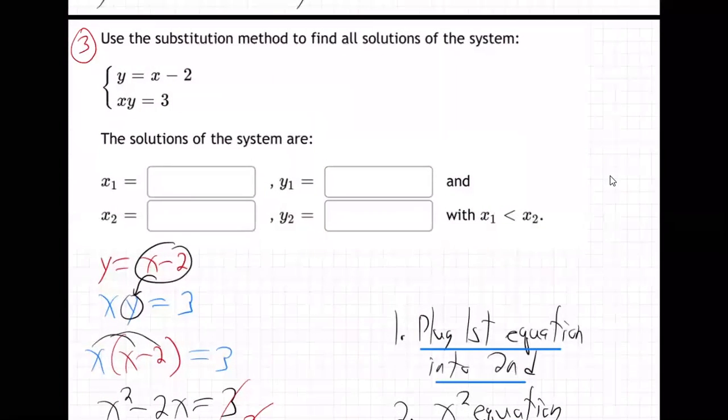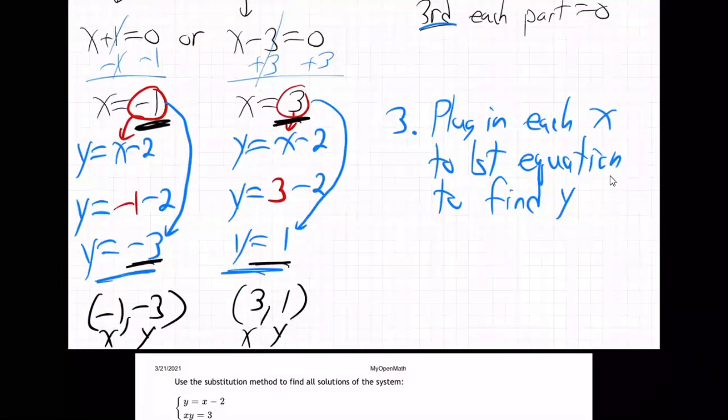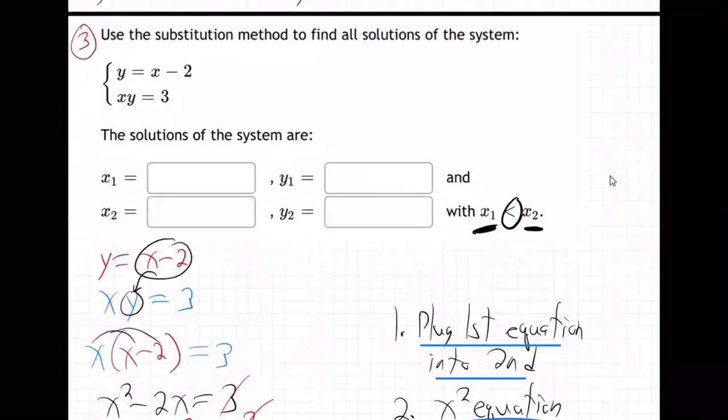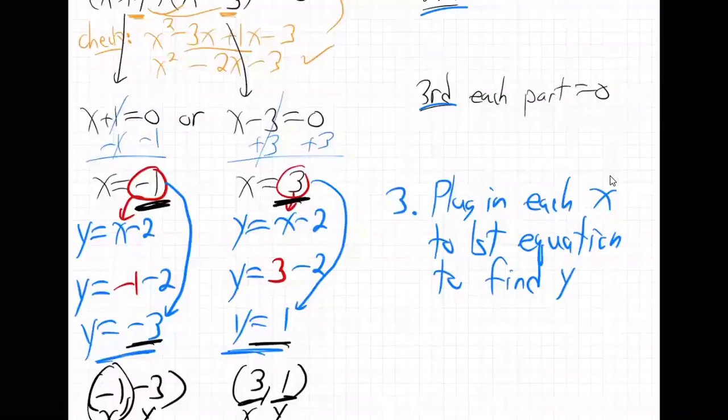So now notice it wants us to put it in so that x1 is lower, right? x1 is less than x2. So which x is lower? The -1 is the lower x. So -1, -3, that's the lower x. And then the higher x is the 3, 1.